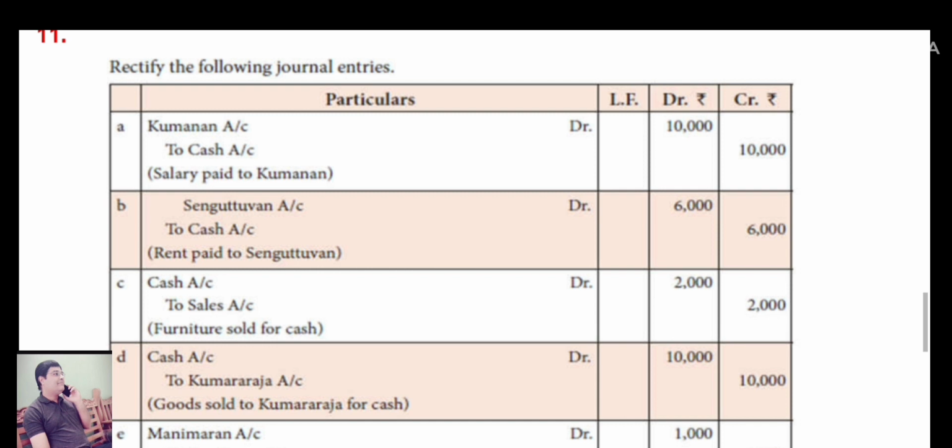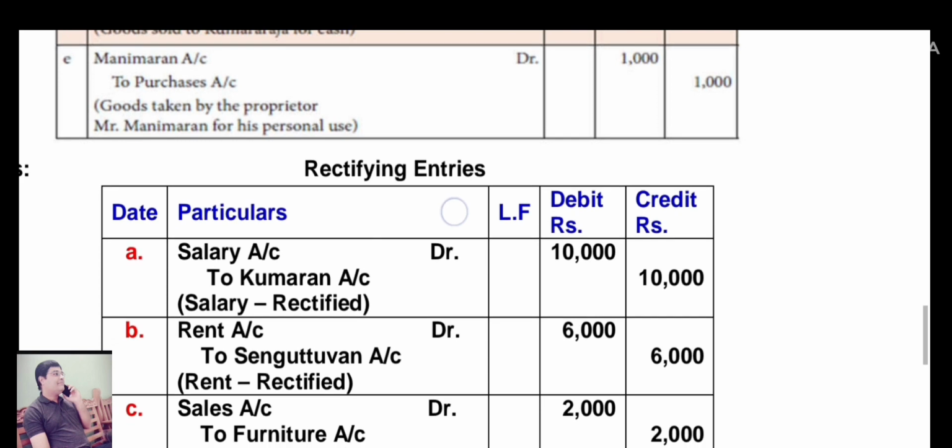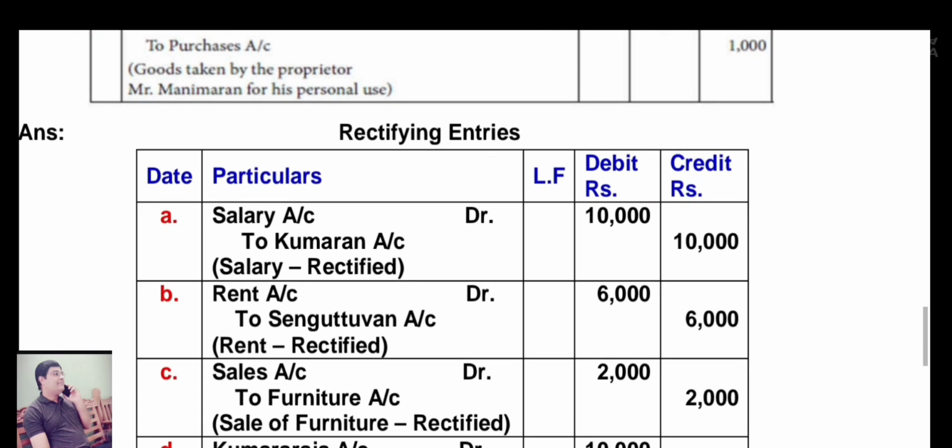So since it is written on the debit side, we have to correct it by writing on the opposite side, the credit side. So rent account debit is the original answer, so we write rent account on the debit side. And Sengutuvan, which was written in the question on the debit side, now we write on the credit side, to Sengutuvan account 6,000. So now rent is rectified.